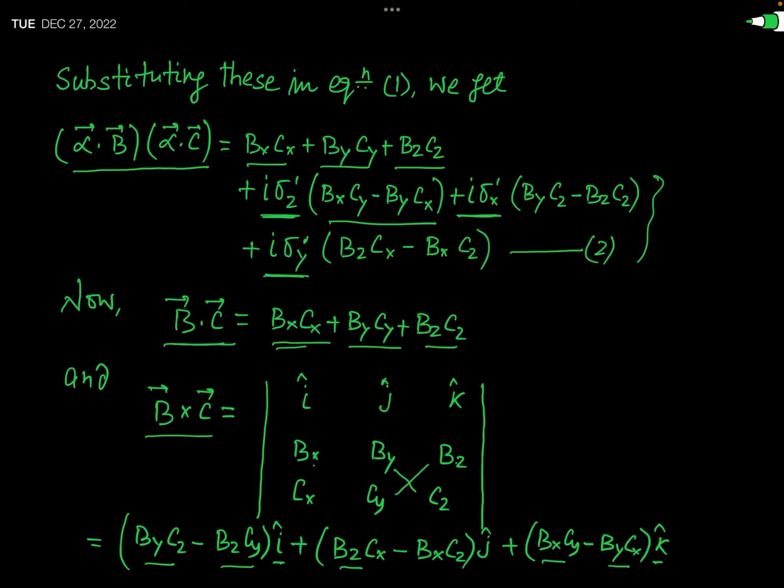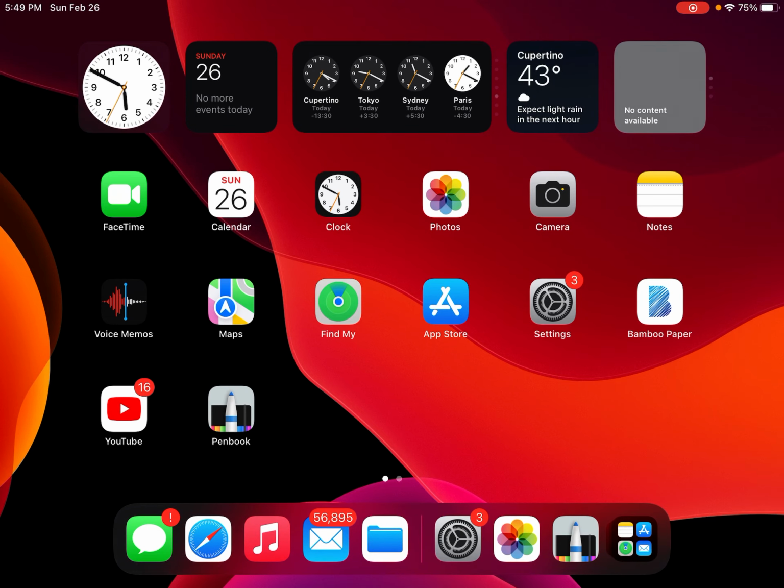So you can see that the first term, the coefficient of i, that is by cz minus bz cy, is the x component of the vector b cross c. Similarly, bz cx minus bx cz is the y component of vector b cross c, and bx cy minus by cx is the z component of the vector b cross c.